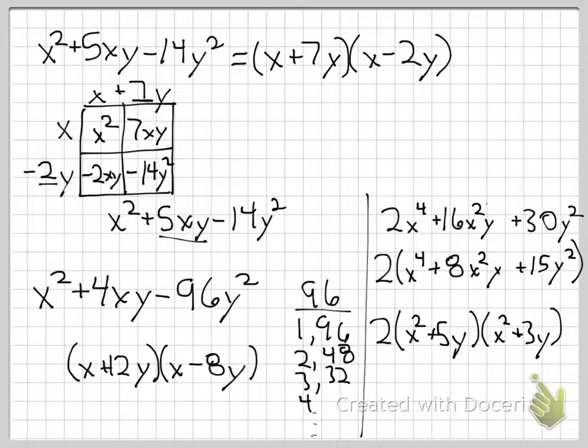What happened to the x squared after 8? When you write it out, we got x squared plus 5y. This right here becomes 5x squared y.